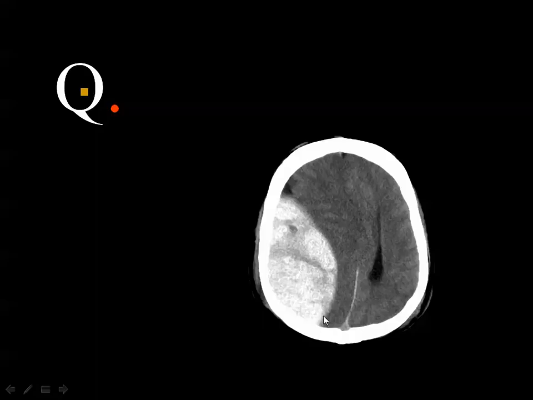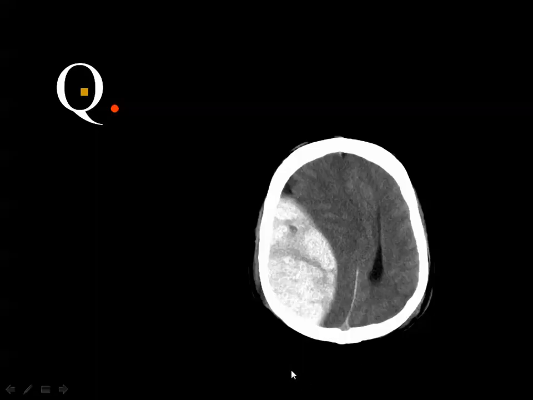Anywhere. Epidural. Subdural. Epidural or subdural? Epidural. This is epidural blood because it is adherent to the inner table, and the inner border of the lesion is convex.